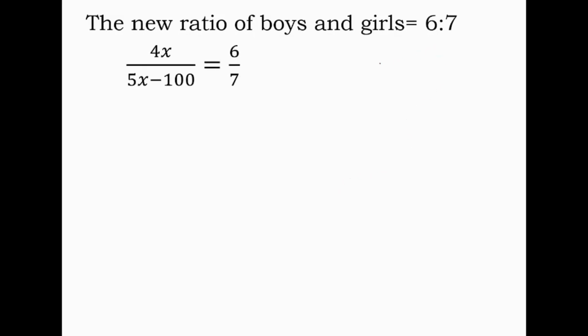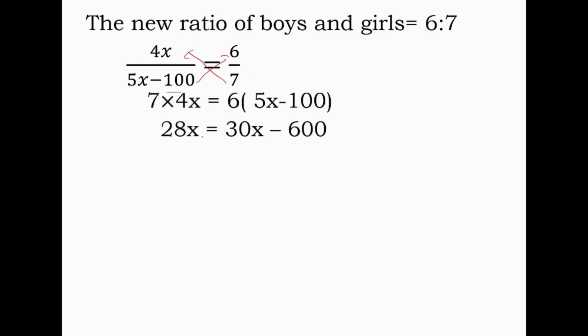So this can be written as 4x by 5x minus 100, girls are leaving that way, 5x is the original, minus 100 becomes 6 is to 7. So 7 into 4x, 6 into 5x minus 100. So 7 4s are 28x, 6 5s are 30x, 6 into 100, 600.